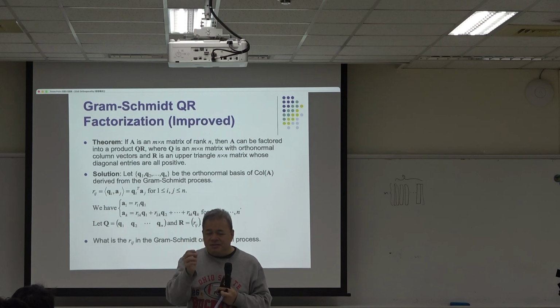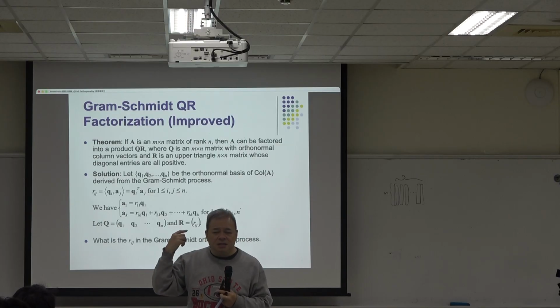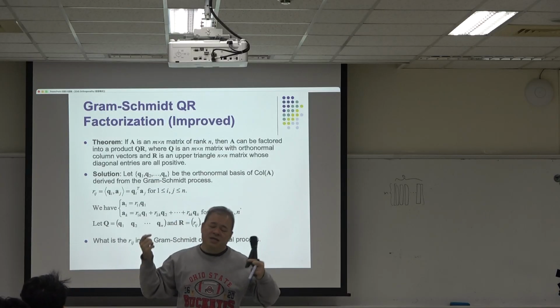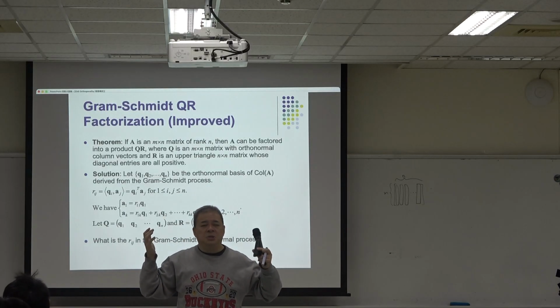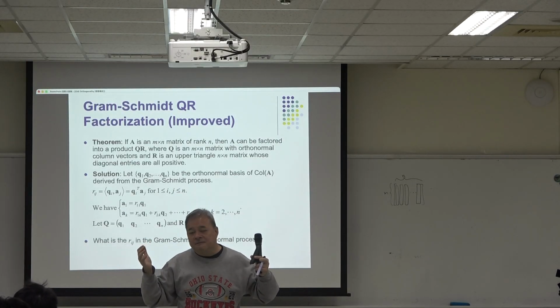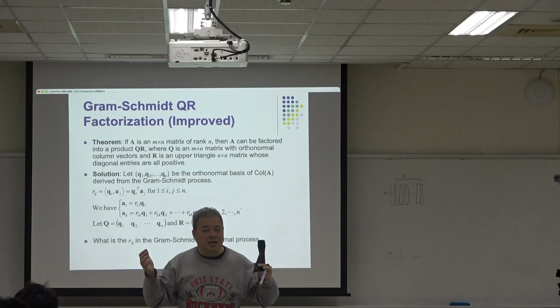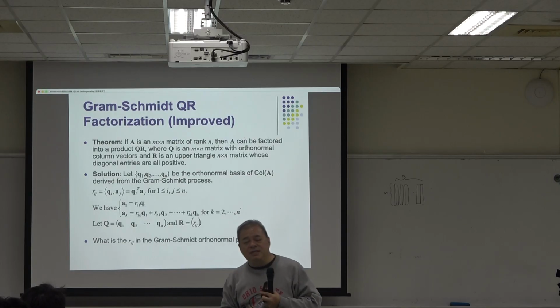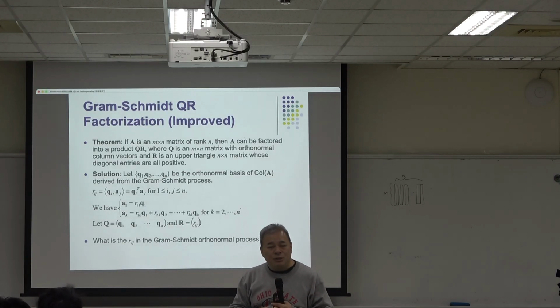What does that mean? That means these n column vectors are independent, or you can say they can form the basis for the column space. Then obviously you can apply the Gram-Schmidt orthonormalization process on these n column vectors, right? Good.